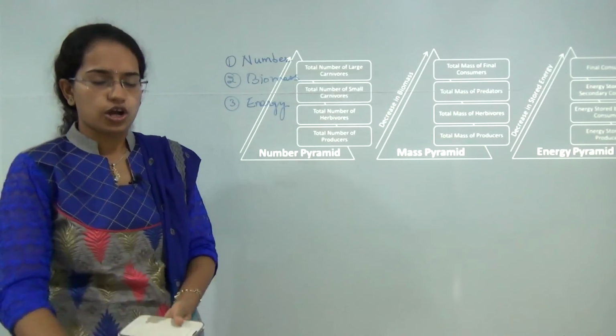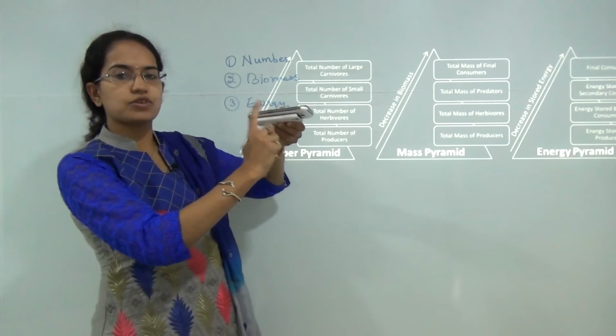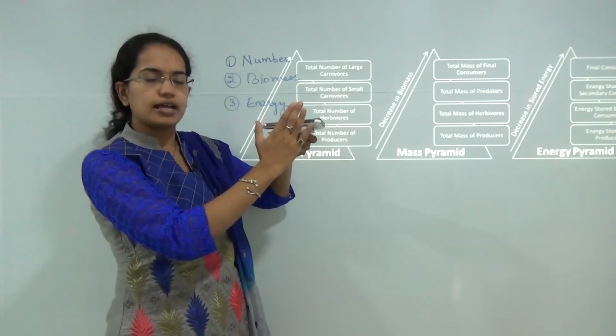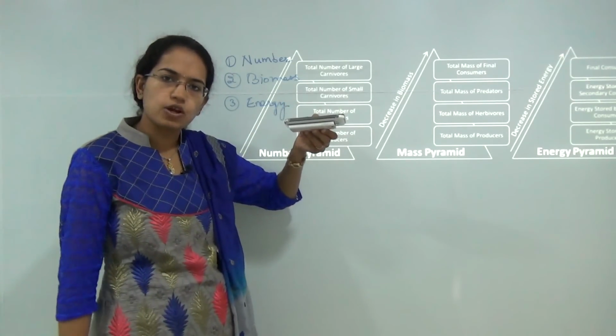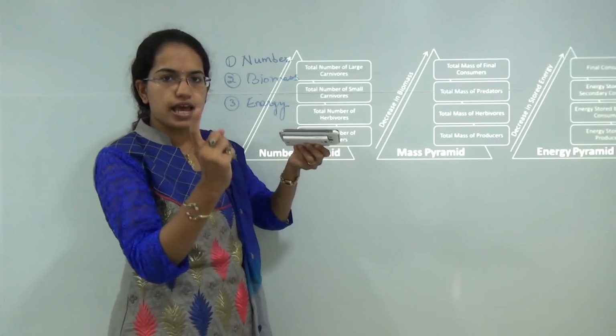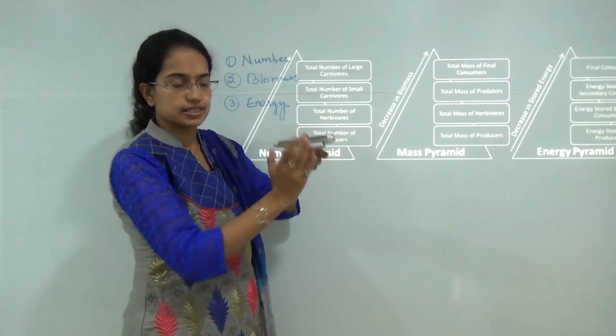Now let's talk about an inverted pyramid. On a human being, you have numerous lice. So any animal and the parasites on it would be an example of an inverted pyramid. What is happening here is I am talking about one human being, but on that one human being there are numerous lice.